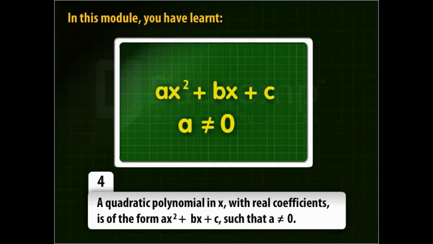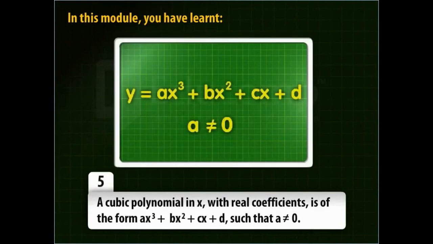A quadratic polynomial in x with real coefficients is of the form ax square plus bx plus c such that a is not equal to 0. A cubic polynomial in x with real coefficients is of the form ax cube plus bx square plus cx plus d such that a is not equal to 0.